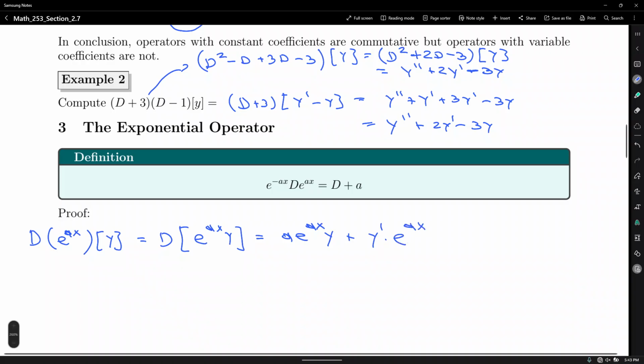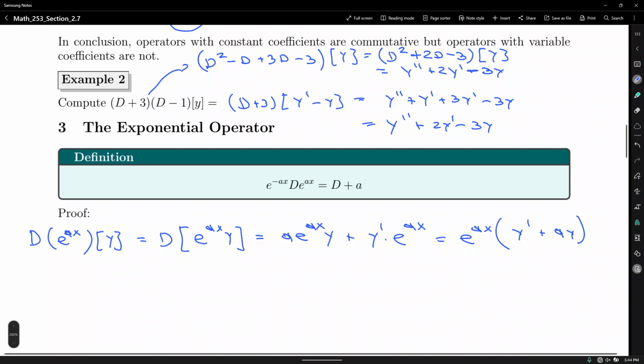What am I going to do here? Factor e to the ax. And that's going to leave us with y prime plus ay. All right? Guys, doesn't that look essentially like the characteristic polynomial or auxiliary polynomial? I mean, we're just getting this in a kind of funky way, right?